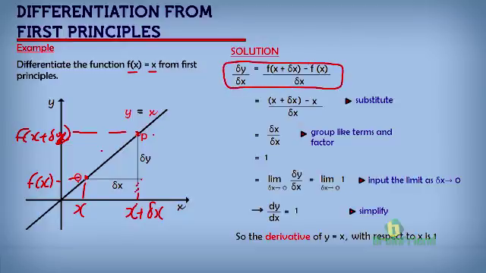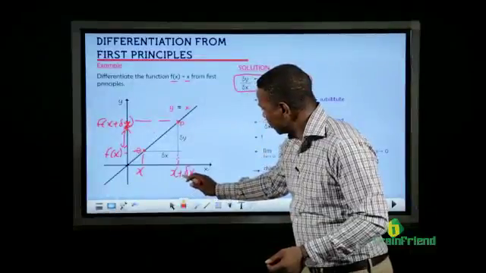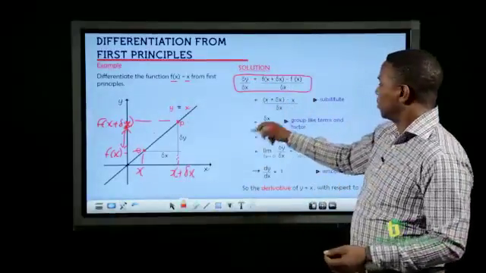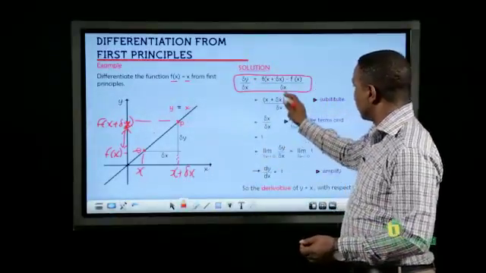We said our delta y over delta x is f of x plus delta x minus f of x, our point here, all over x plus delta x minus x. Of course, x minus x is 0, and we have our delta x left.